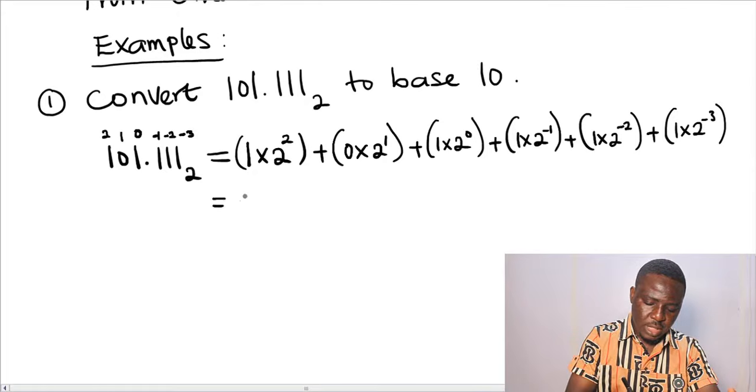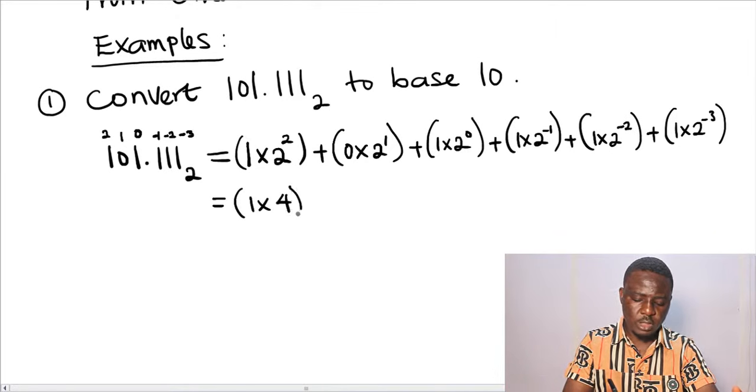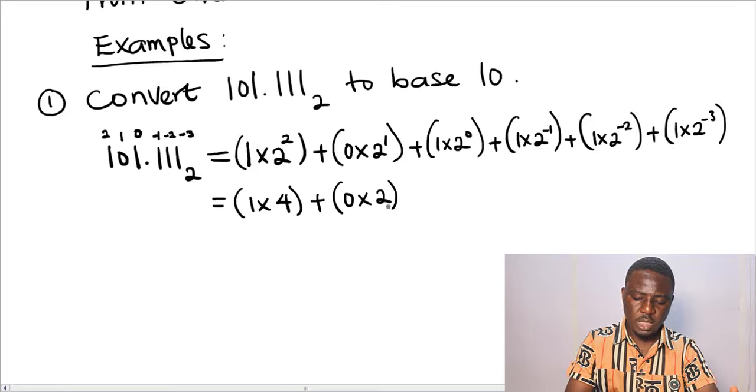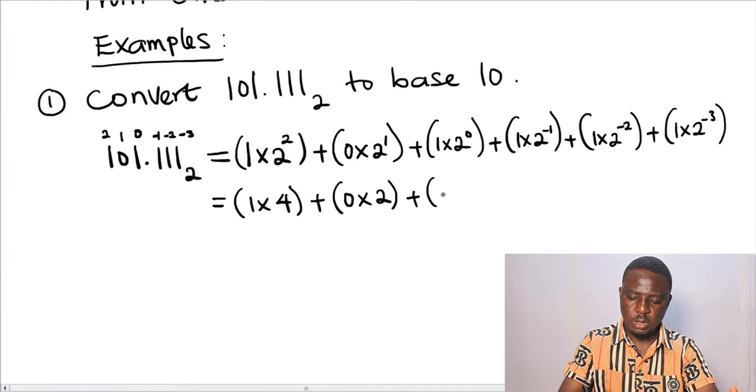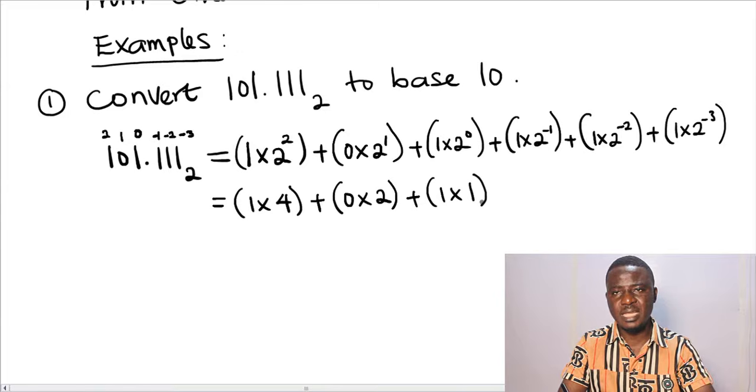That is, 1 times 2 raised to power 2 can be said to be 2 times 2, and 2 times 2 is 4, plus 0 times 2 raised to power 1, which is 2, plus 1 times 2 to power 0, which is 1. Any number raised to power 0 is 1.